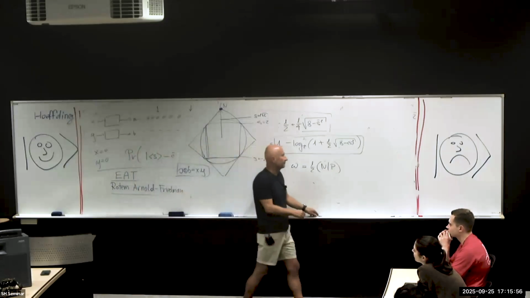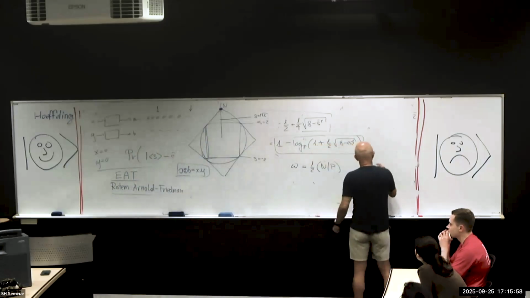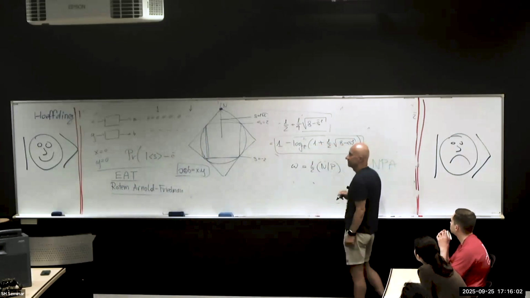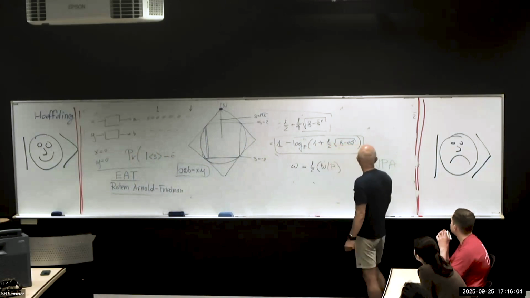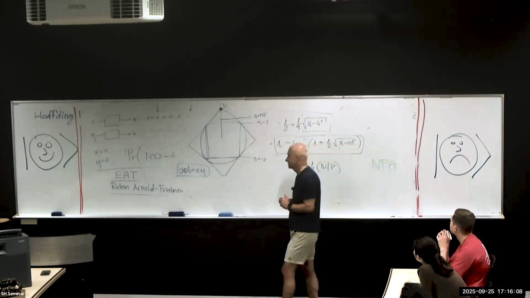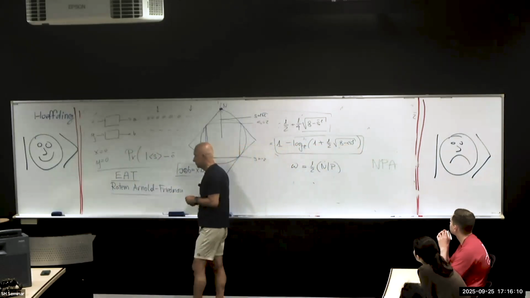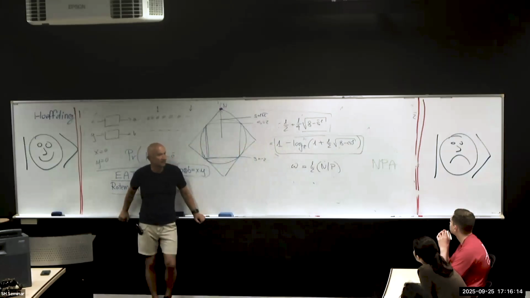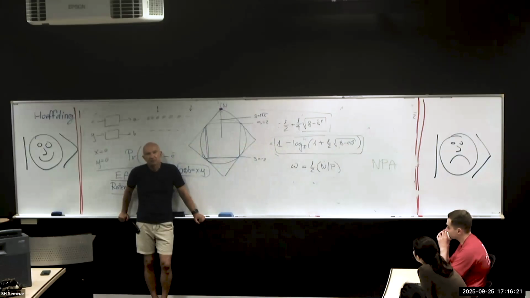You can look up something called the NPA hierarchy, Navascués, Pironio, Acín. They had a set of approximations to this, and that's a nice thing to know. But what we discover is that it's still complicated.